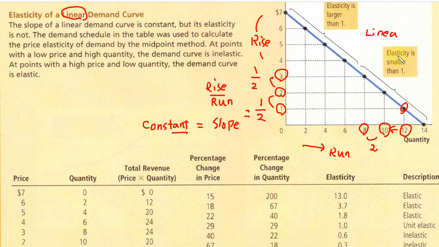So the elasticity is different. Look at this, okay? At a price of $1, the corresponding quantity is 12.